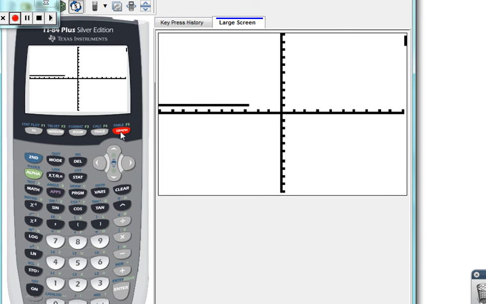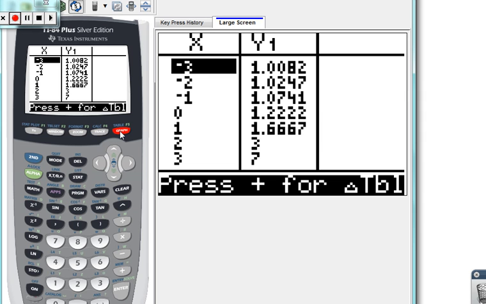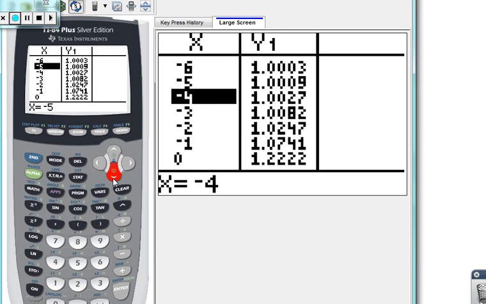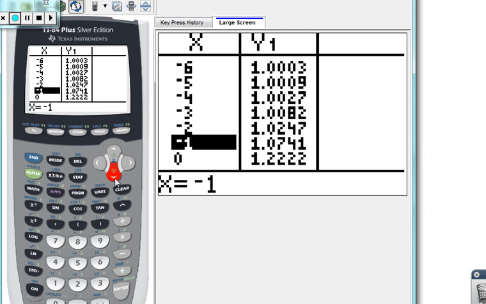So seeing how when I graph this, I need x's over in the positive direction. When I look at my table, negative 3, negative 2, negative 1, they're all towards 1. And if I keep going in a negative direction, my numbers are never going to go below 1 because there's an asymptote there.